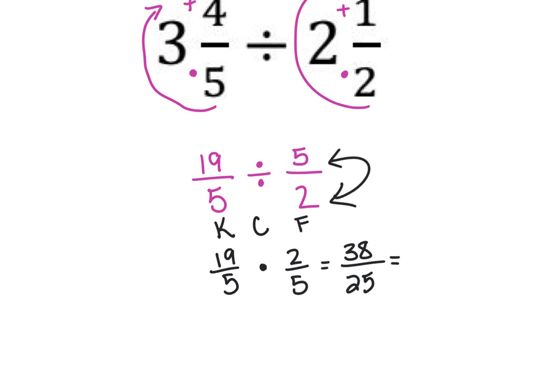We do that by asking ourselves, how many 25s can we take out of 38? Only 1. Oops. So that is your whole number 1. Then we take that 25 away from 38. So 38 minus 25. And that answer, your leftovers, which is 13, is your numerator. Denominator stays the same.